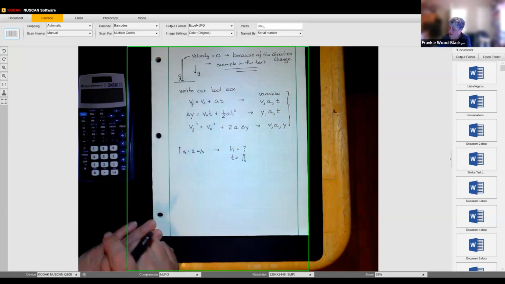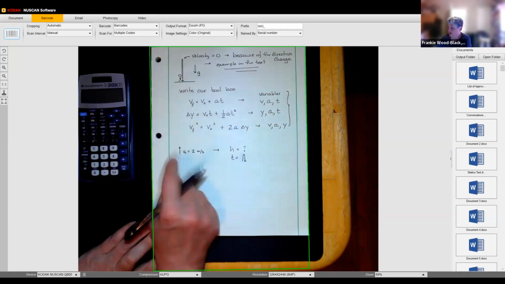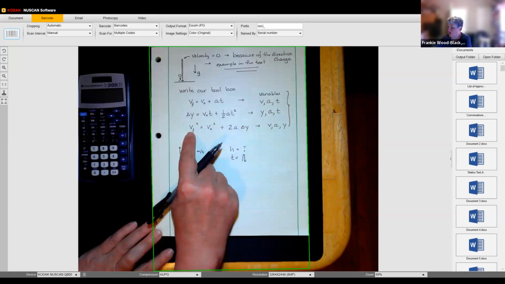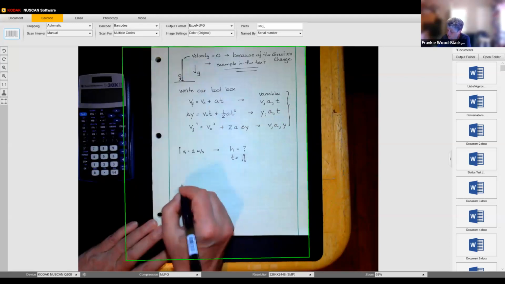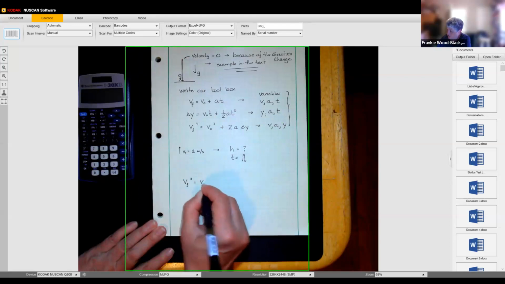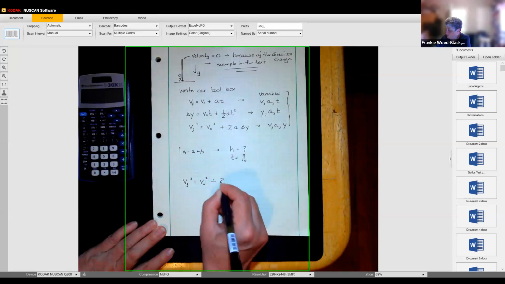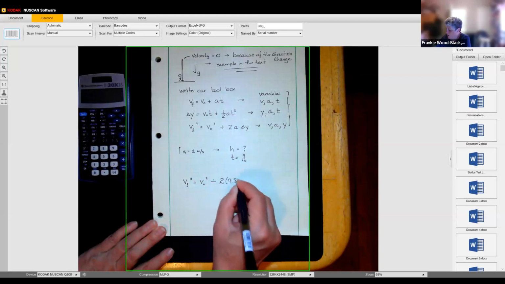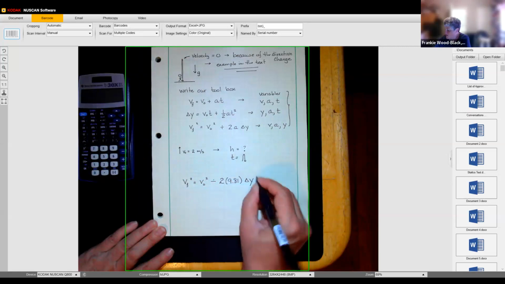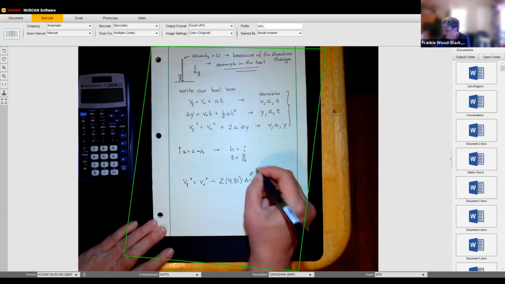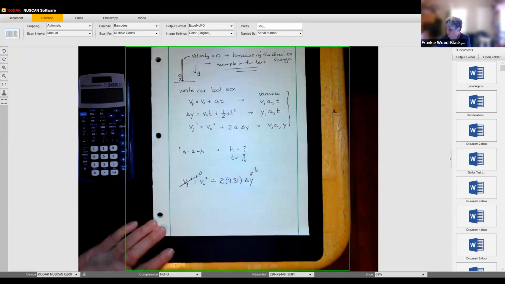So let's figure out the height. I need time here, but I can do this because I know my final velocity. So my final velocity squared is equal to my initial velocity squared minus 2 times my acceleration due to gravity, 9.81, times my change in position, which in this case is going to equal the height. My final velocity is equal to 0.